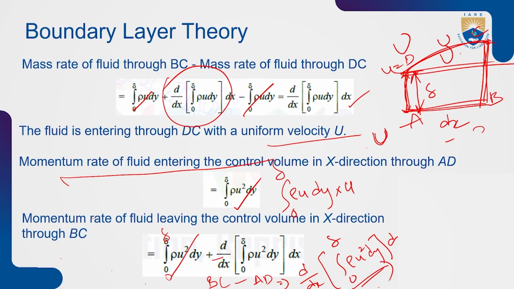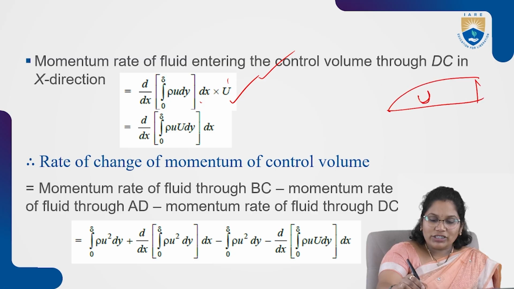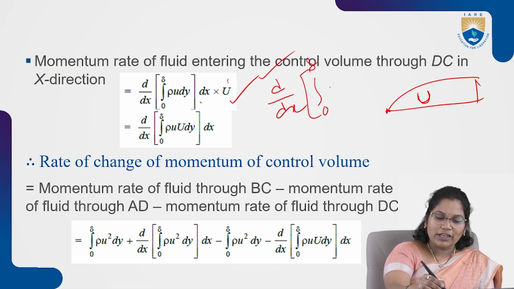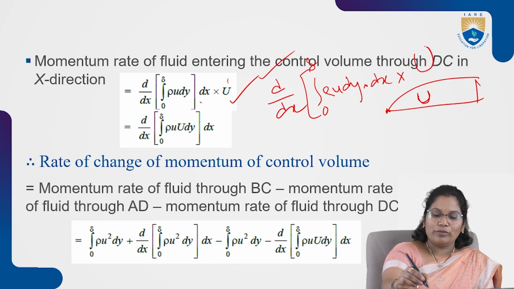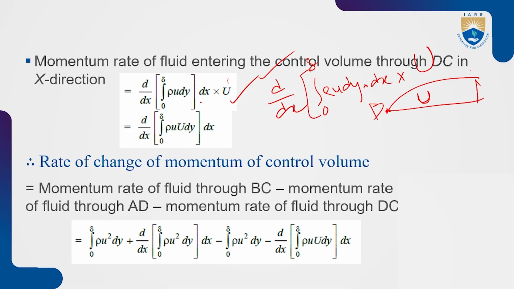This is the equation we are getting, and we have written it here. In place of DC, the velocity is capital U, so whatever equation we got, we write d by dx of the integration from 0 to delta of rho u dy into dx, into capital U, because in this fluid we see the mainstream velocity.